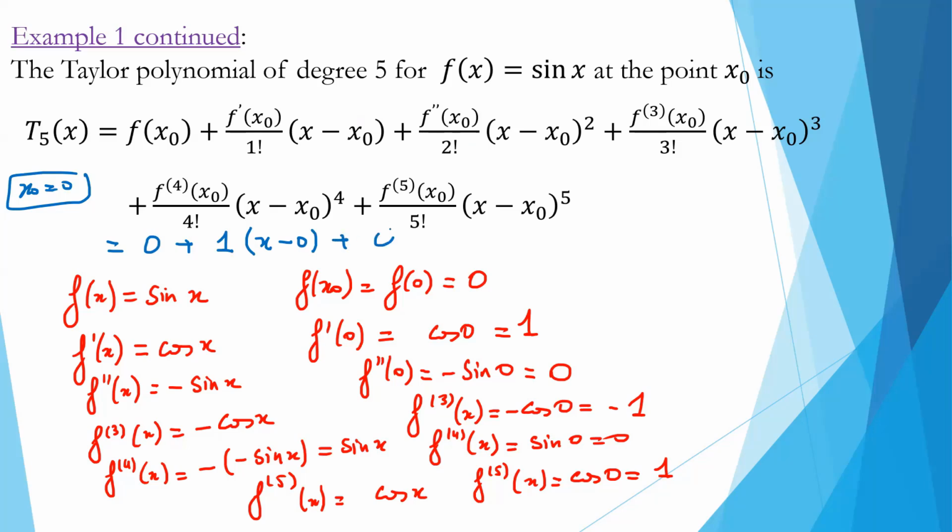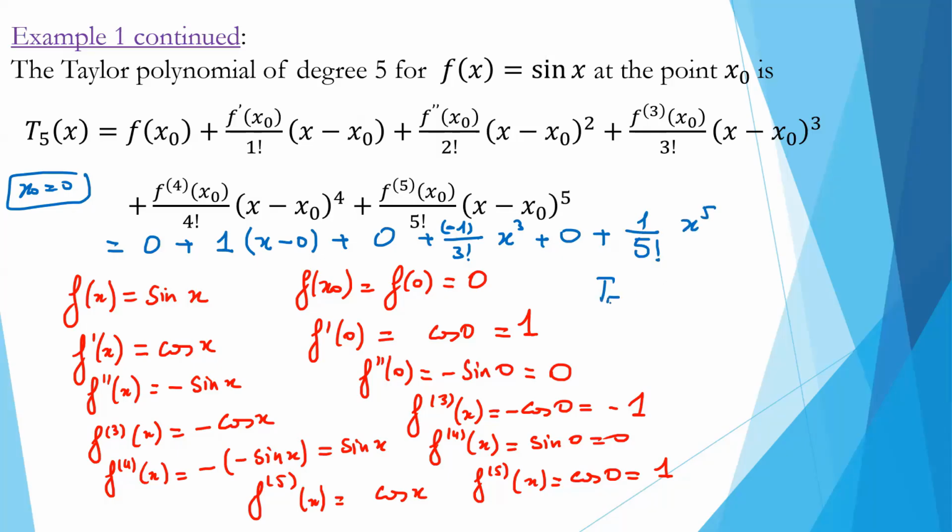Plus f double prime is 0. The third derivative is minus 1, times x cubed over factorial 3, and 1 over 5 factorial x to the 5.